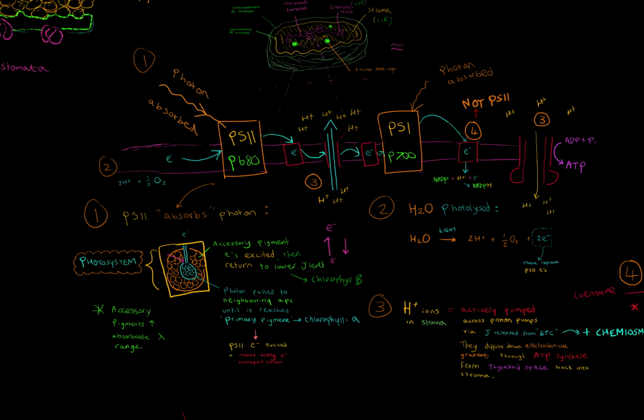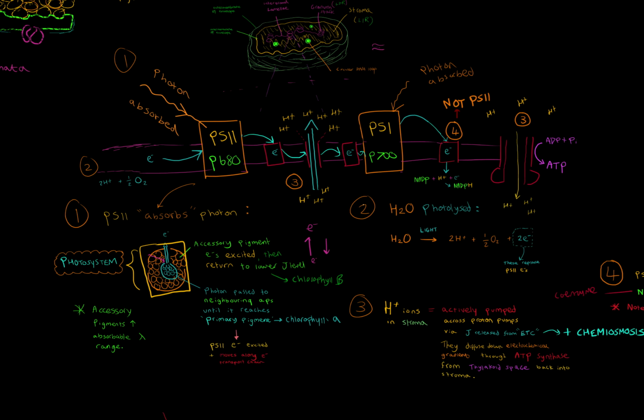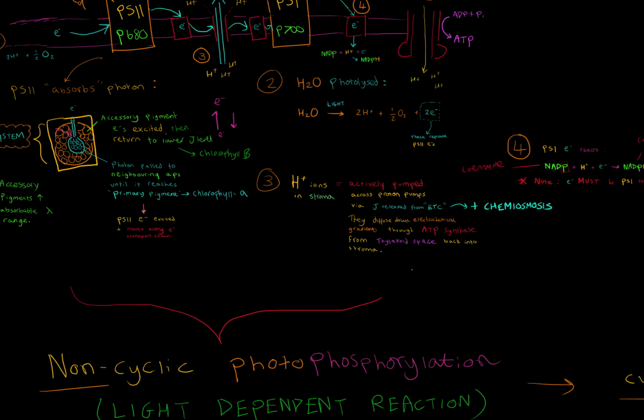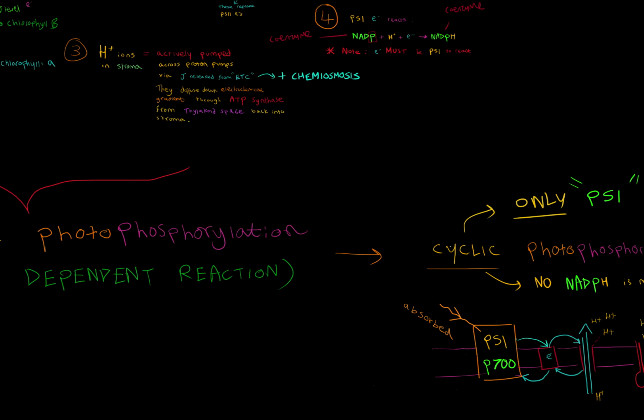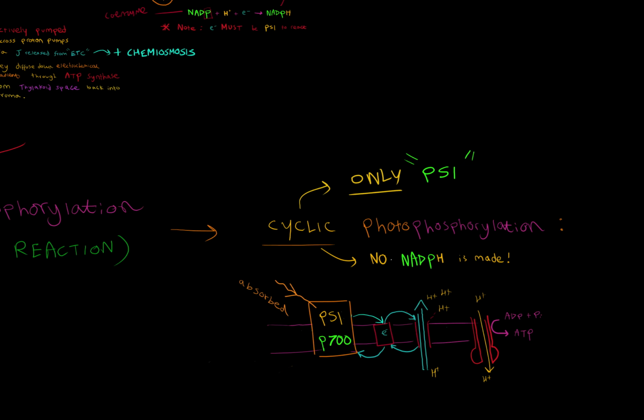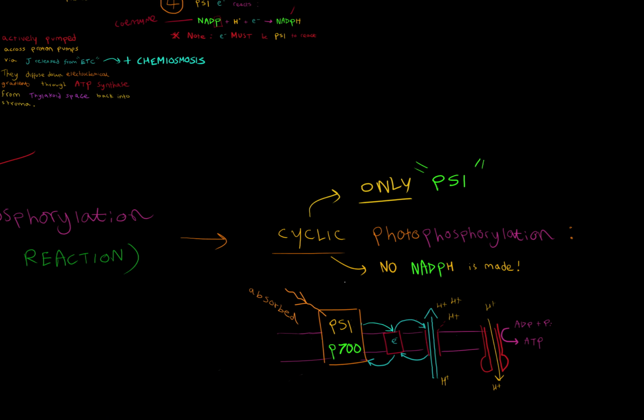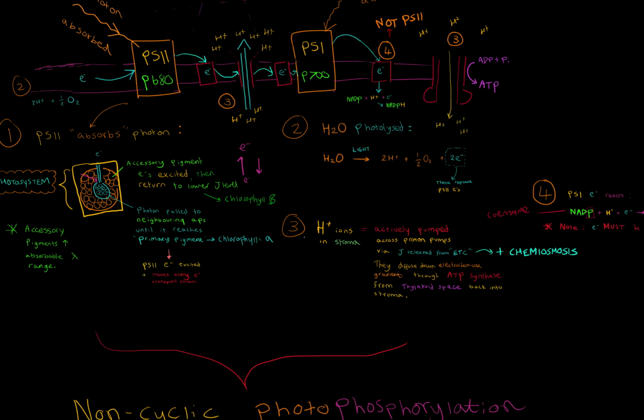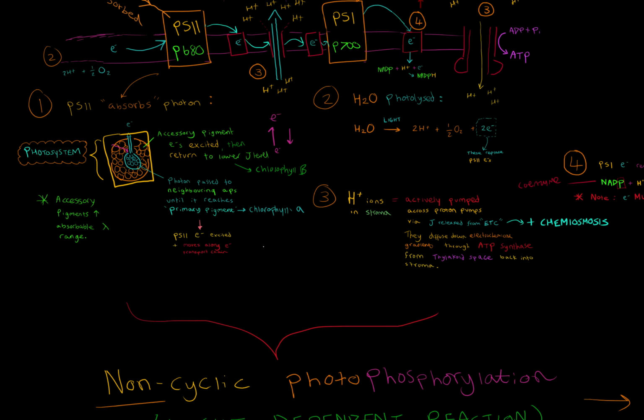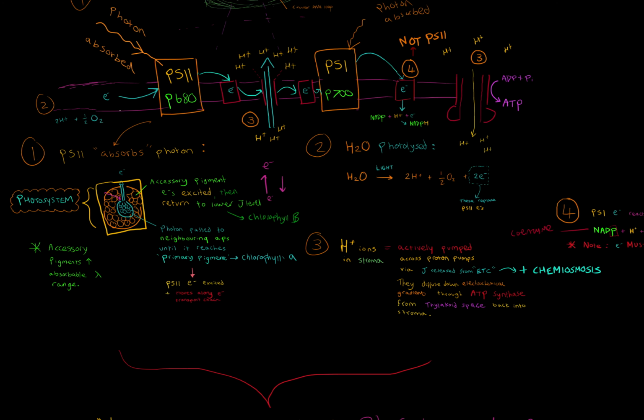But if PS2 is destroyed and PS1 is still intact, you will still have cyclic photophosphorylation going on, because PS1 is still healthy and functioning. If you actually destroyed PS1, non-cyclic photophosphorylation won't occur, because the electrons from PS2 won't have anything to carry on the chain, and PS1 electrons won't be able to be released to react with NADP and H+.